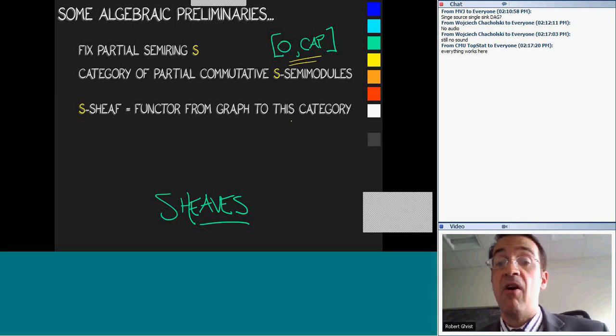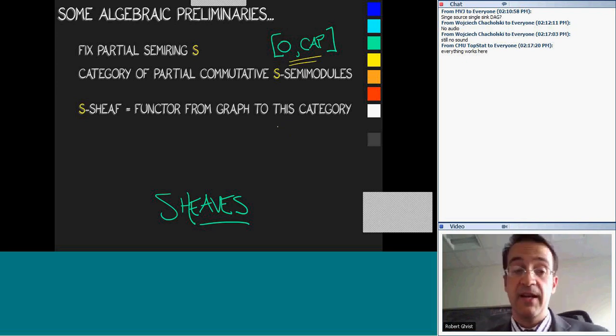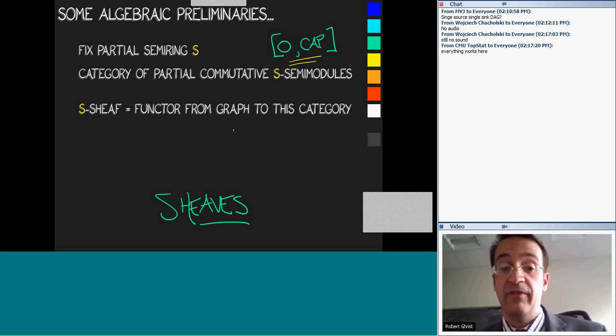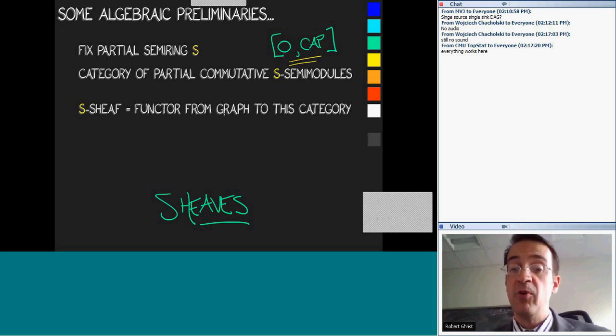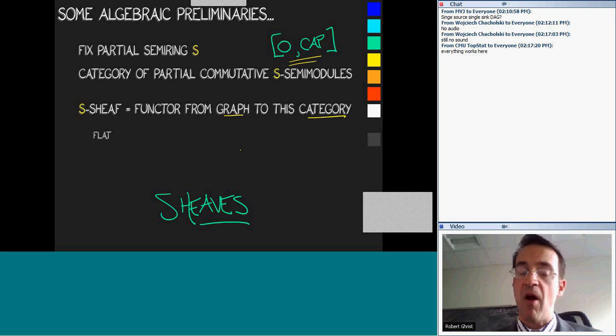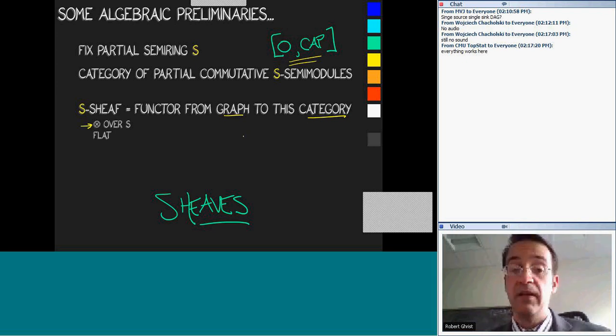Now, a sheaf in our world today is going to be an S sheaf. That is a functor from your graph, thought of as a cell complex, to this category of partial commutative S modules. And one has to show that it has some relatively nice properties. There's a tensor product that works well in this category.